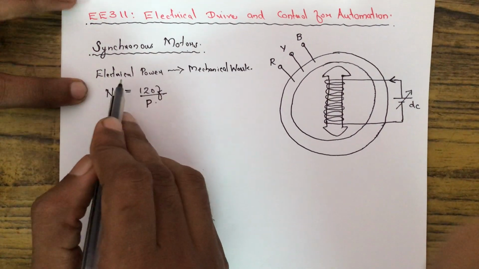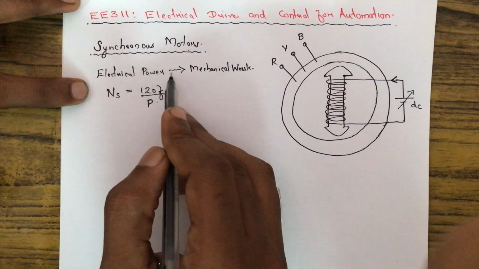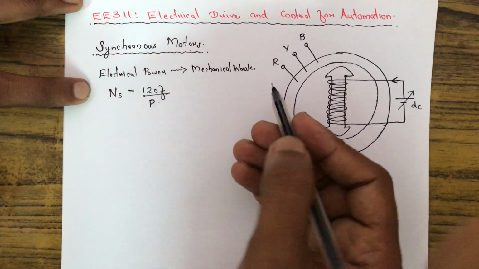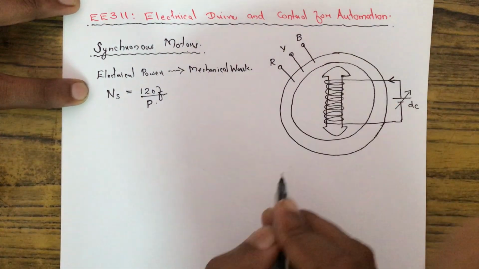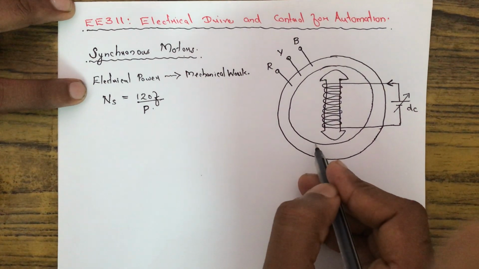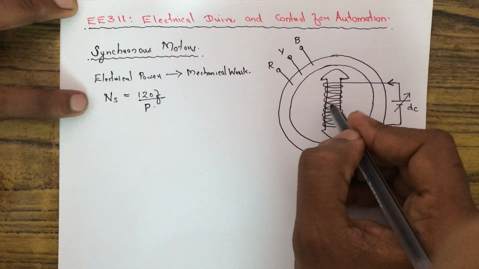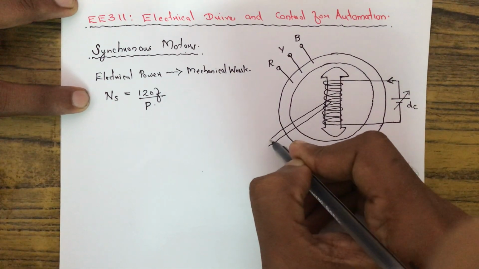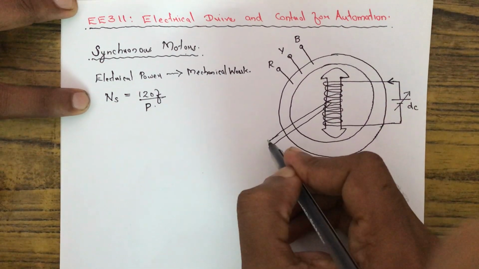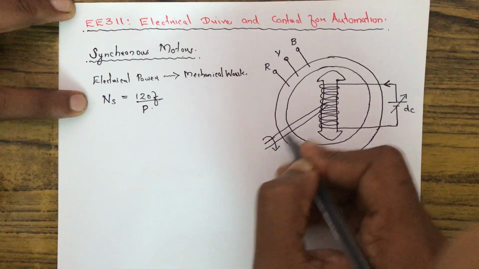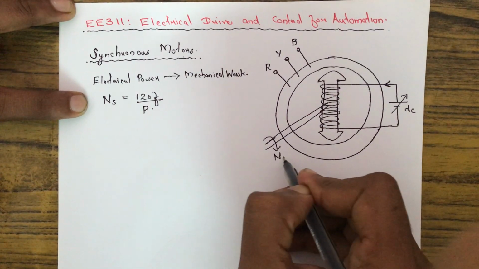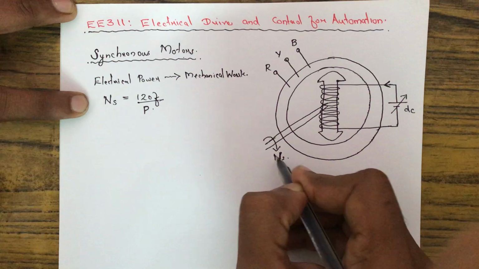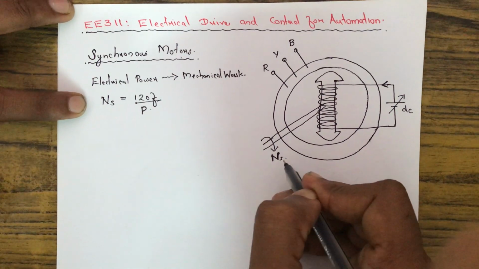So we are supplying the electrical power to the machine and we are achieving the mechanical power at the rotor shaft. The rotor will always be running at synchronous speed, hence the name synchronous motor.